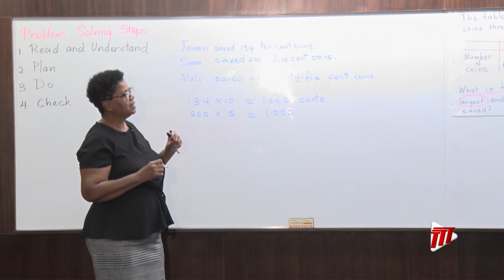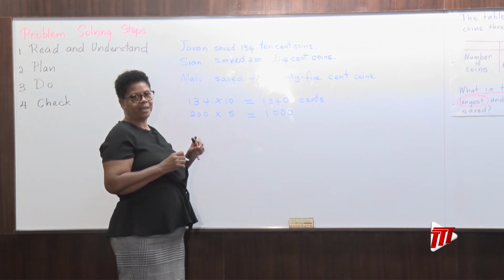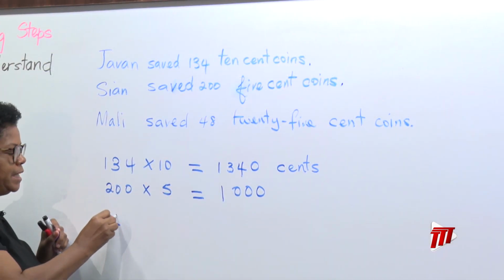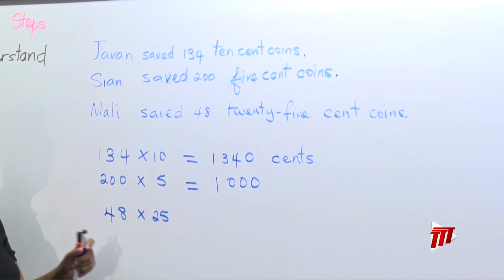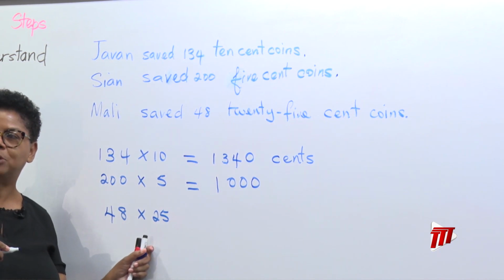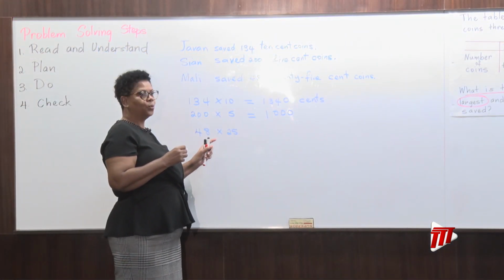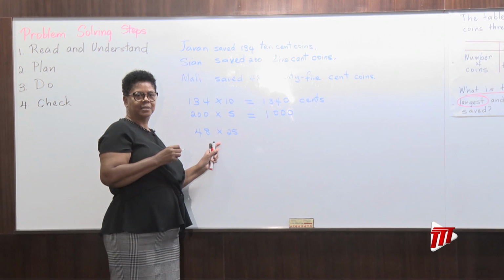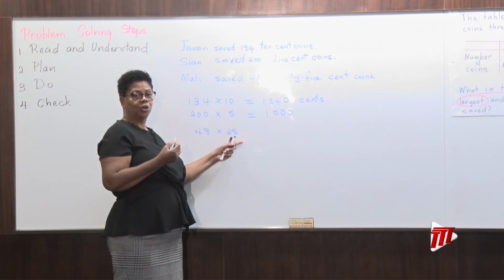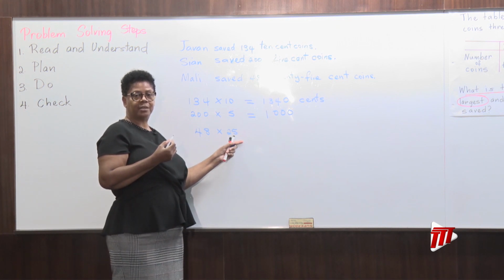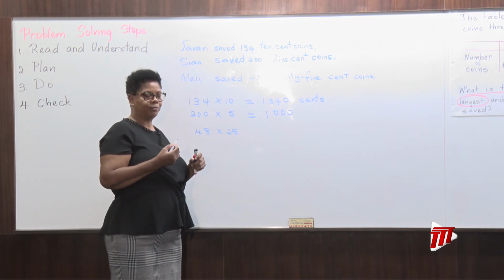Finally, we have Marley, who saved 48 25-cent coins. 48 multiplied by 25. Our mental math strategy for 48 multiplied by 25: whenever we are multiplying by 25, we add 2 zeros, which will bring it to 4,800. And we know that we have 4 25s in 100, so we can take 4,800 and then divide it by 4.